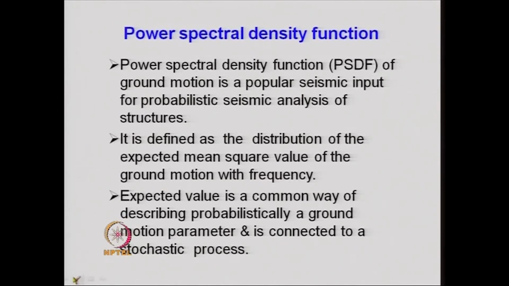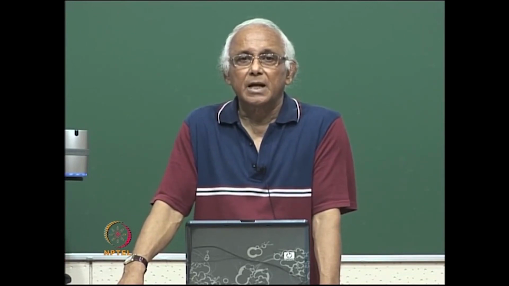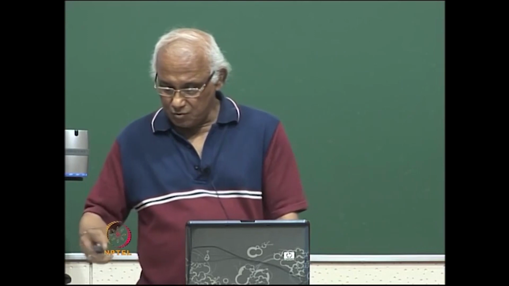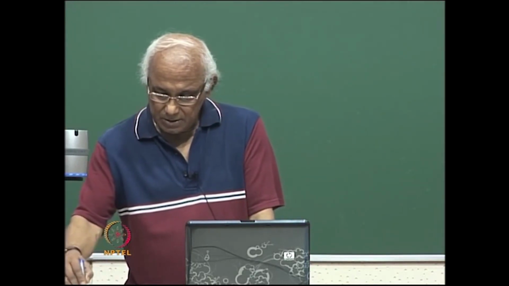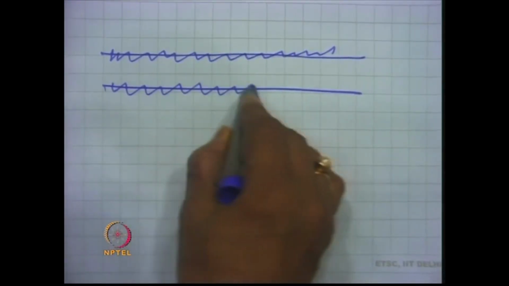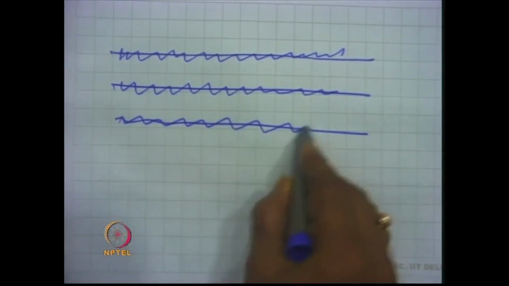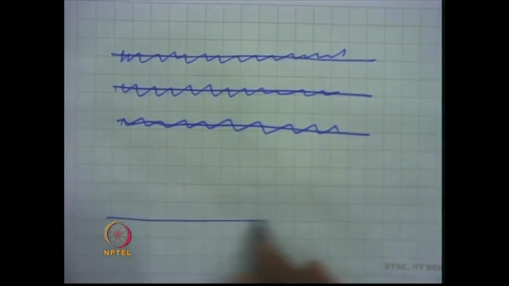Whenever we talk of a random process, or whenever we model earthquake as a random process, we do not talk of a single time history. We collect an ensemble of time histories like this. This is one time history, then you have another time history. That way we can have an ensemble of time histories.